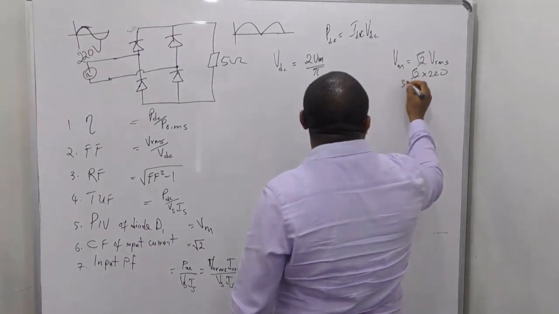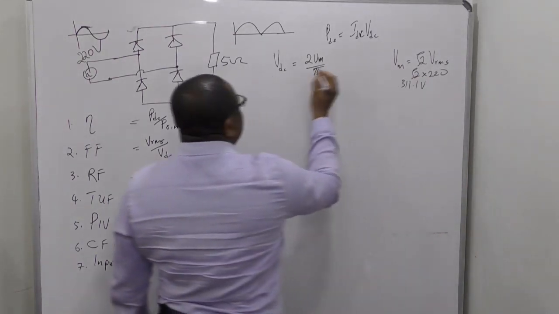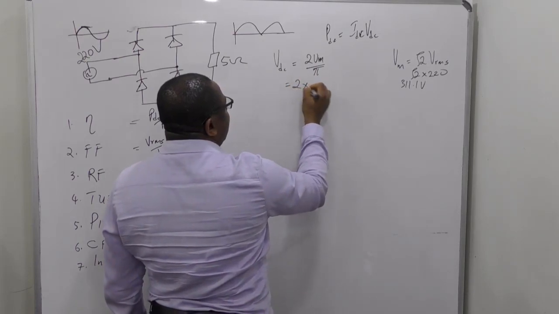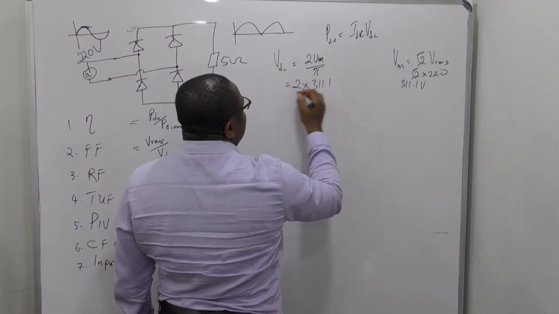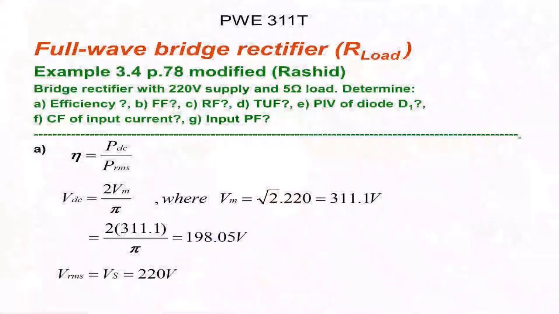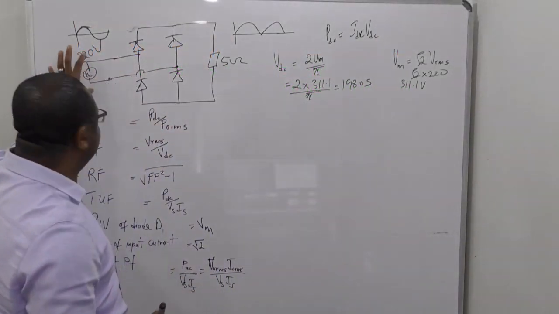So VDC will be 2 by 311.1, divided by pi. So you have that as 198.05. Now, remember that this 220 input here is a VRMS.